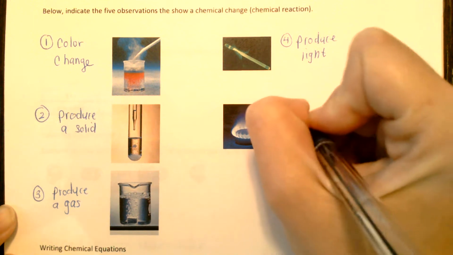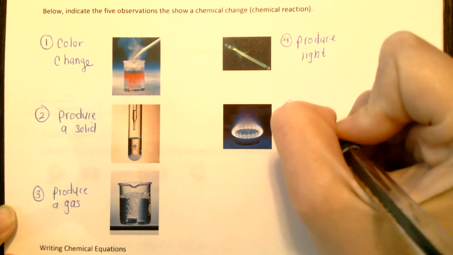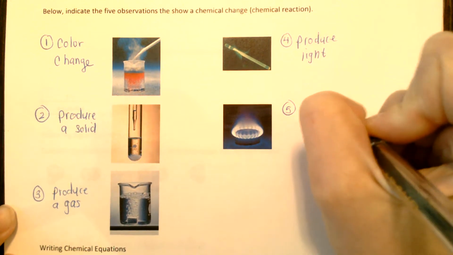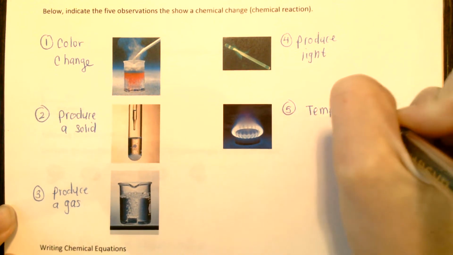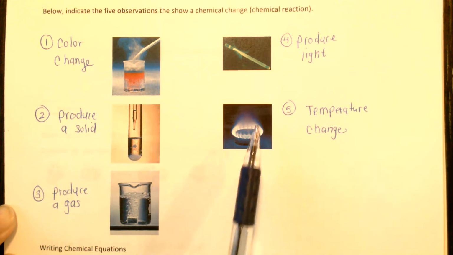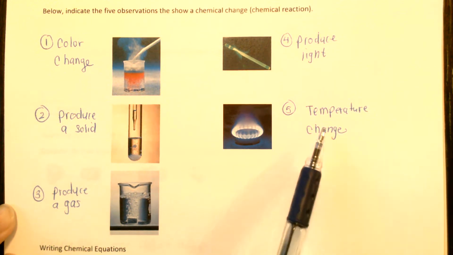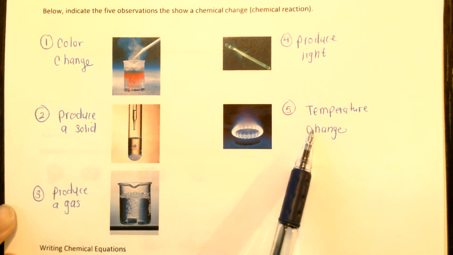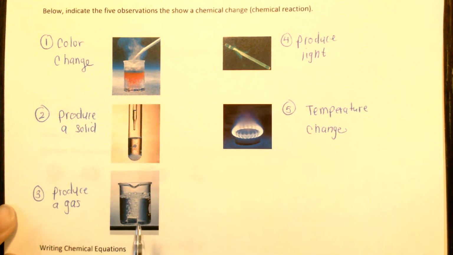And then the 5th one here, we can also get a temperature change. Again, this temperature change is when we have 2 things coming into contact with one another. For example, this one down here, if this is magnesium and this is hydrochloric acid, along with the bubbles, if we felt this beaker, the beaker would feel very warm.